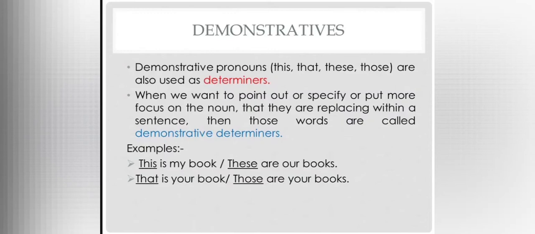Now look at these words: these is the plural form of this and those is the plural form of that. This is my book. I am demonstrating, I am putting emphasis on the word this. These are your books. These words are known as demonstrative determiners. I hope you understood this.